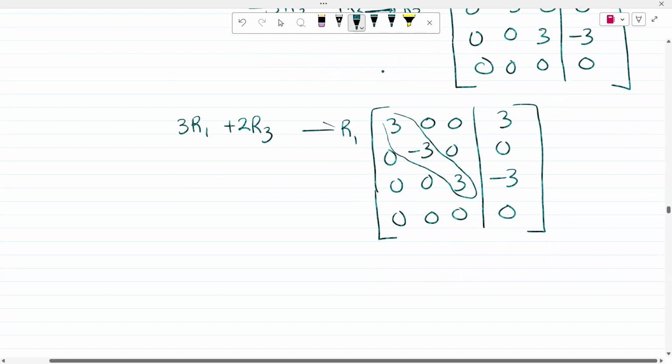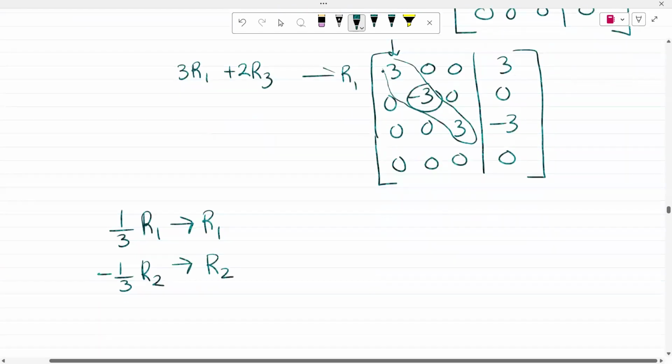So let's make this 3 into 1 by multiplying that entire row by a scalar of 1/3. So it would be 1/3 row 1 goes to row 1. And then let's make this -3 right here into a positive 1 by multiplying it by the scalar -1/3. And then let's make this 3 into a 1 by multiplying it by 1/3.